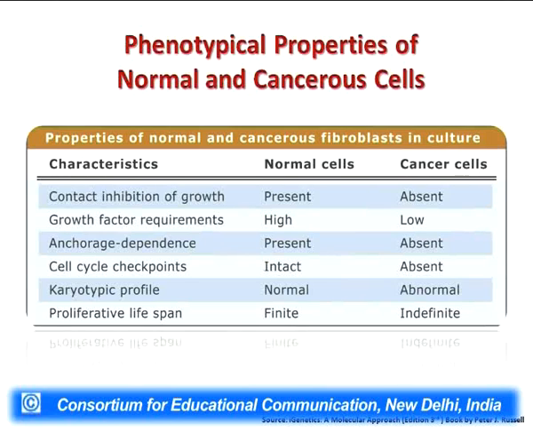The fourth major property is the cell cycle checkpoints, which are intact in normal cells and absent in cancer cells. Fifth is karyotypic profiling, which covers the number of chromosomes and the mutations, which is absolutely normal in normal cells, while it is abnormal in cancerous cells. And the last property is the proliferative lifespan, which means for how much time the cell will divide.